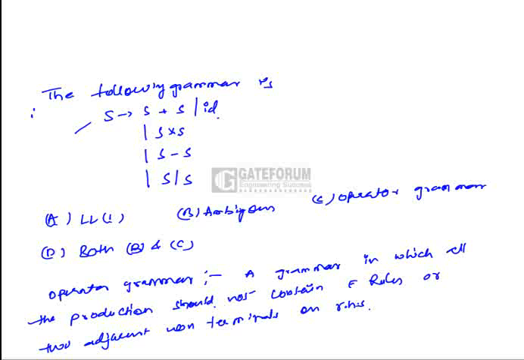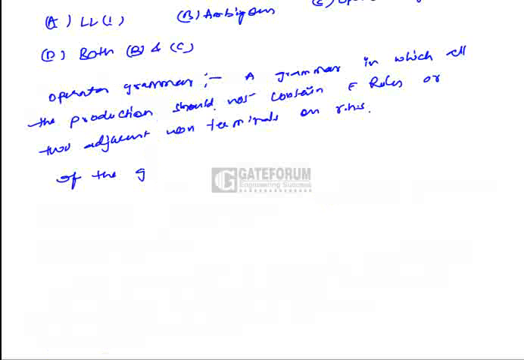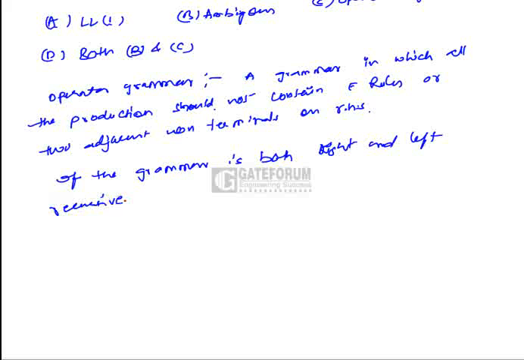If the grammar is both right and left recursive, then it is ambiguous grammar. So here option D is the correct answer.